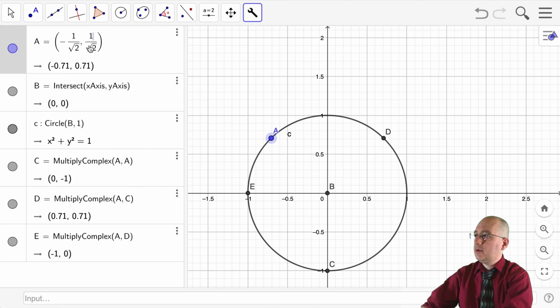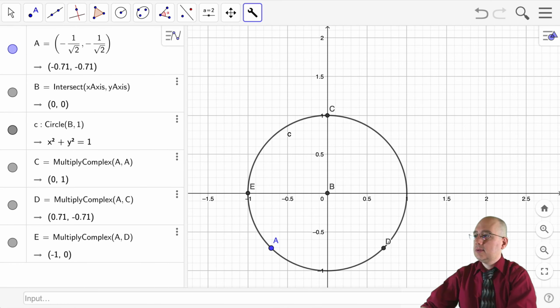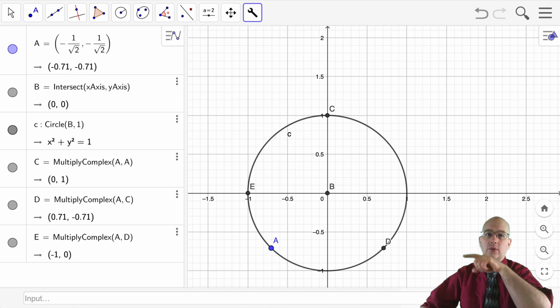And then we can go here and do minus minus, so that's starting in the third quadrant, going around, goes up to plus I, and then, so that's a squared, and then a cubed goes all the way around to the fourth quadrant version, and then a to the fourth is, again, minus 1.